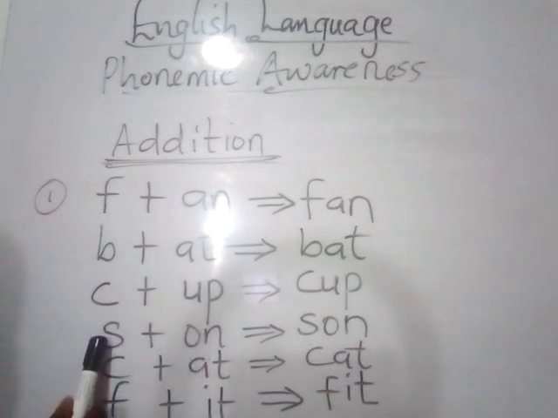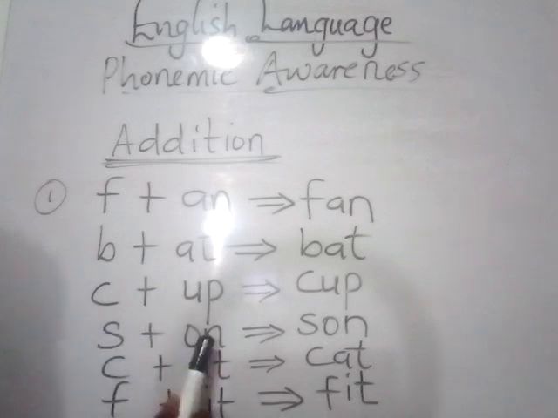So you have s, on. It gives the word sun. At gives the word cat. Eat gives the word feet. So that's what addition is about in phonemic awareness. We just gave some examples that are befitting for this level.